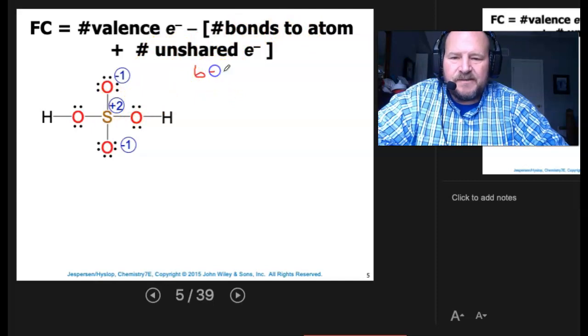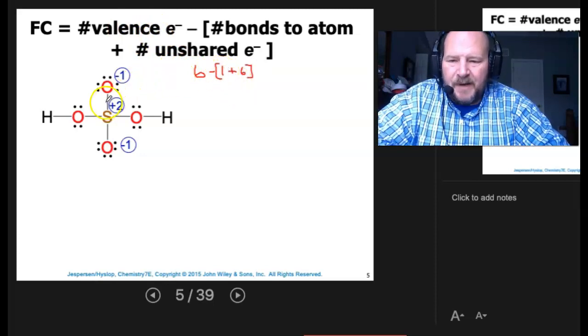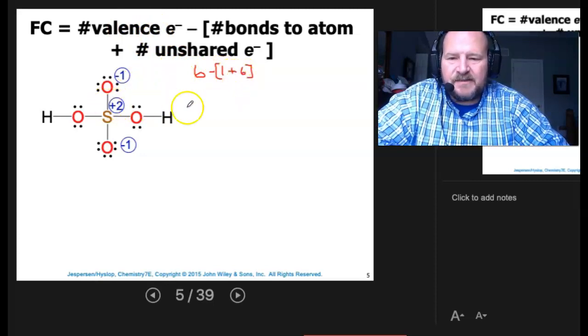Okay, so minus 1, plus the number of unshared, which was 6. So we have 6 valence electrons minus 1 from the bond plus 6 unshared electrons. That gives us -1. So that's where the -1 here is coming from.